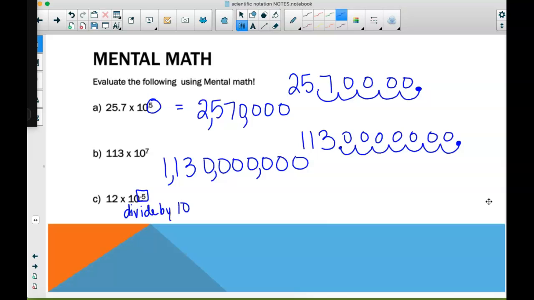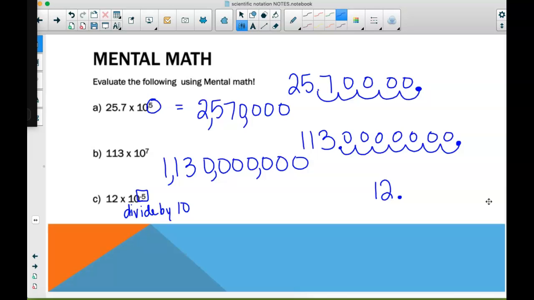And what happens when we're dividing by 10? When we multiply, the decimal moves to the right. When we divide, the decimal moves to the left. Okay? So I need to take the number 12, which has a decimal at the end, and we need to move the decimal to the left 5 places.